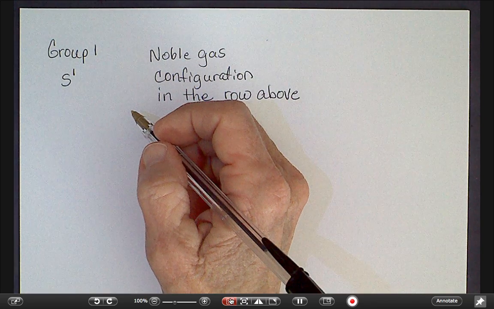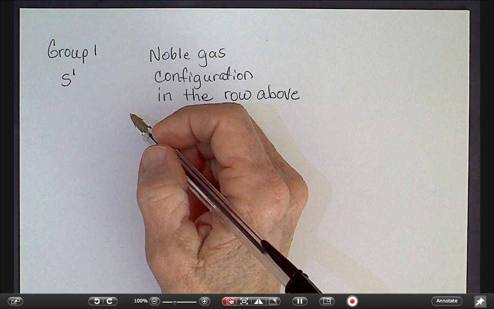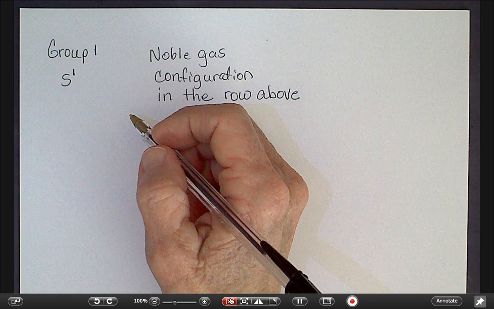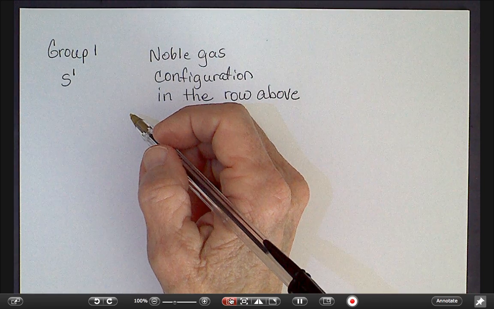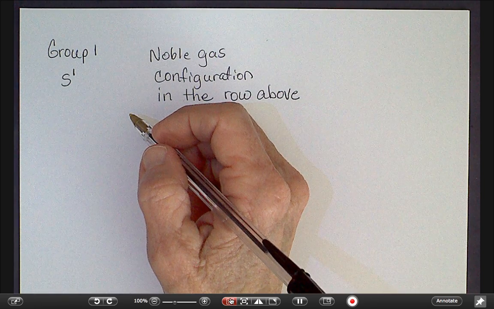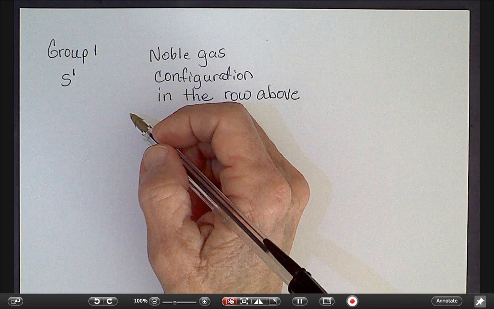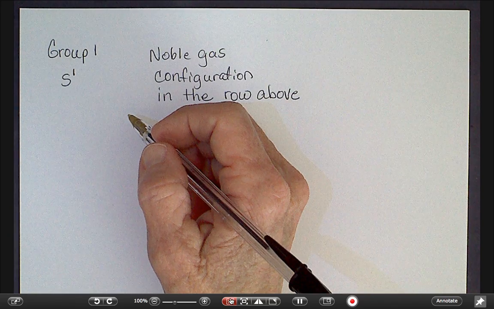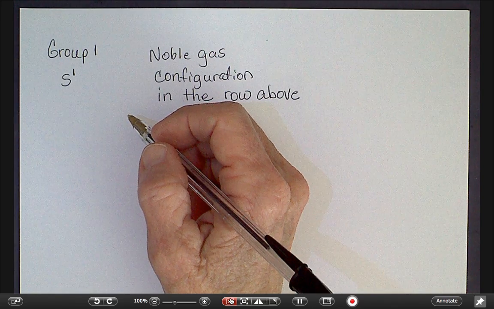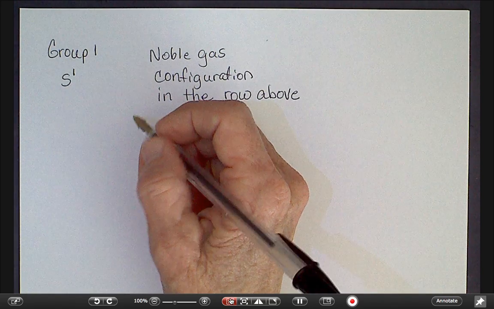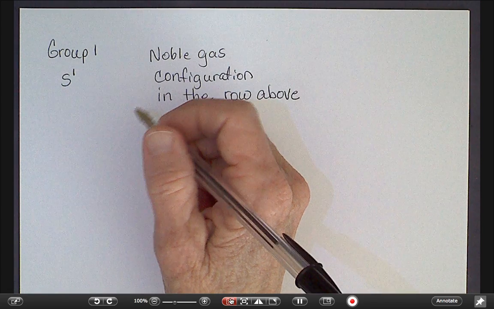Everybody, all of the elements, will either lose or gain electrons in order to get a noble gas configuration, because everything in nature likes to be in the most stable form that it can achieve. And the noble gases have that configuration with a filled s2 and a p6.